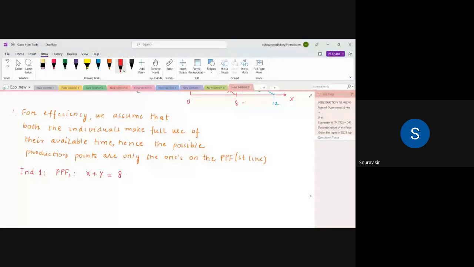Okay, what does this mean? If you differentiate it, you would get the slope of the PPF, which is dx plus dy is equal to 0. That means dy by dx is equal to -1. Correct?